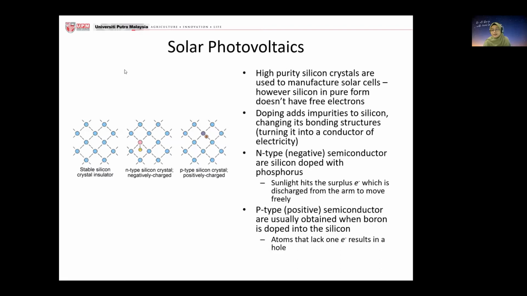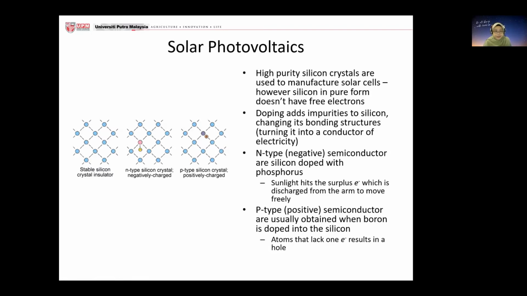If you look at the figure here, stable silicon, pure silicon, acts as an insulator. Its electrons cannot move through here because it has four legs, and this creates a covalent bond. It's very strong.